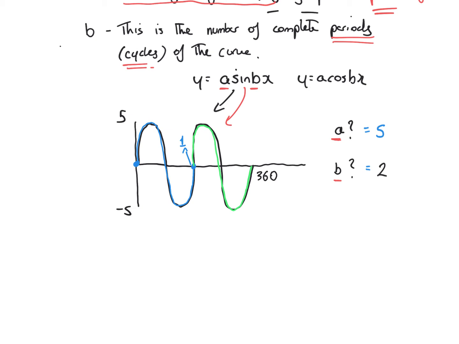Now, crucially, let's go back to B. This is the number of complete periods, cycles in the curve, and let's just finish that off in 360 degrees. So that's really important. This is the number of complete periods, number of complete cycles in the curve in 360 degrees. So we can see that there's 1, and then it starts to repeat, and there's 2. Okay, so b is equal to 2.